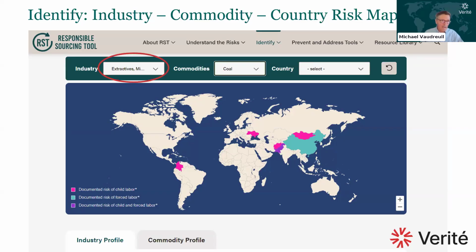Let's pick the extractive sector, and once you do that, an industry profile pops up down below. If you select a specific commodity, in this case, you're able to look at the risk profile for that commodity. And then finally, you would select a country.